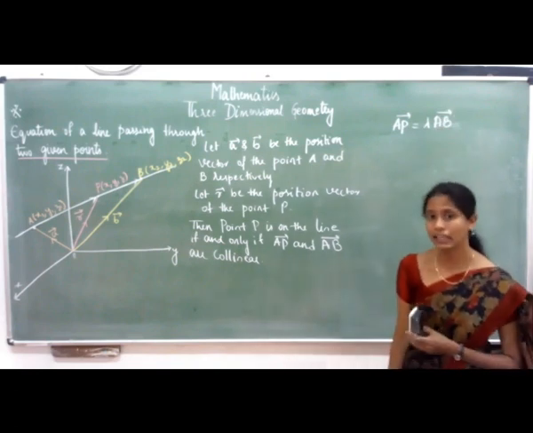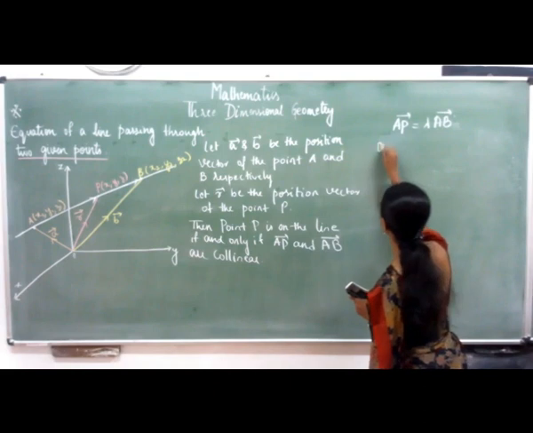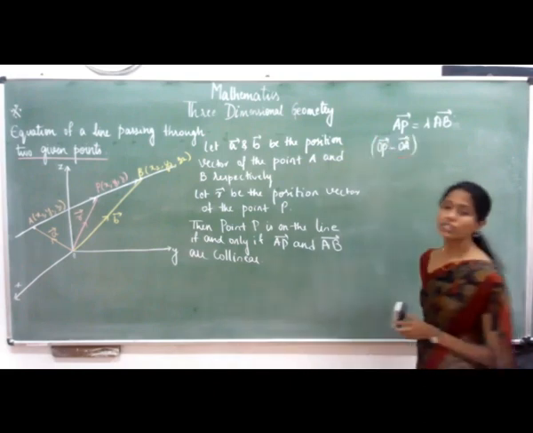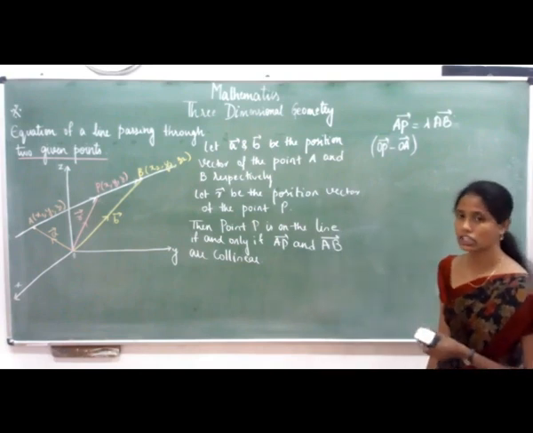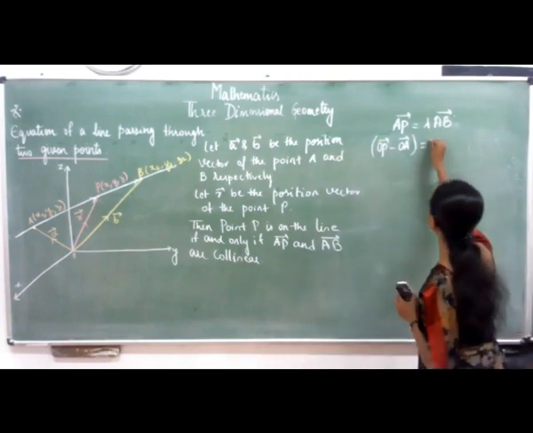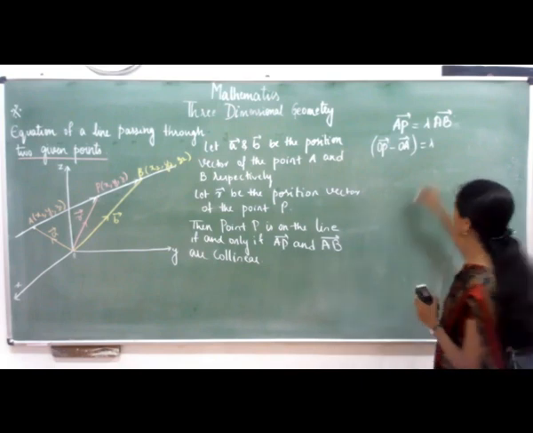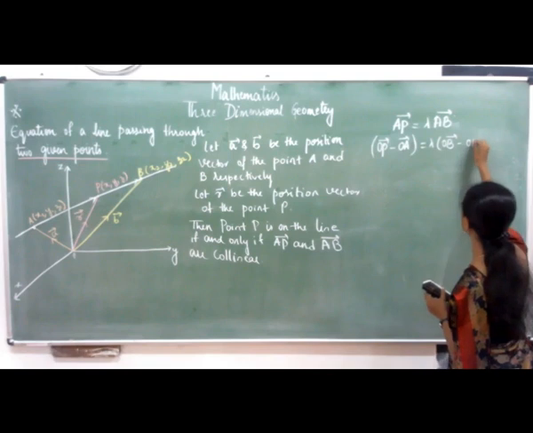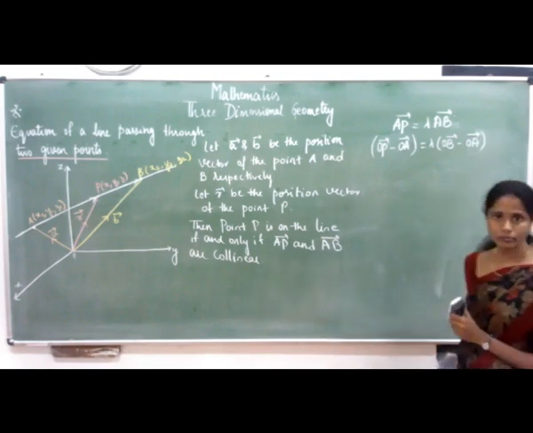Now, how to write vector AP? Vector AP can be written as vector OP minus vector OA, that is the terminal point minus the initial point, which is equal to lambda times vector AB. Vector AB can be written as vector OB minus vector OA.